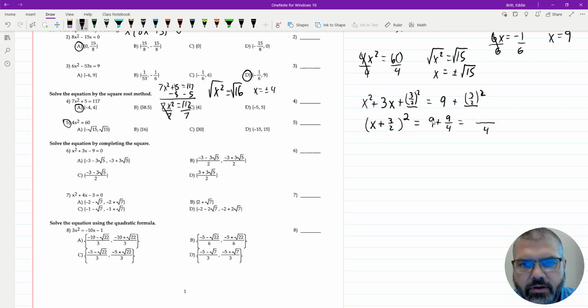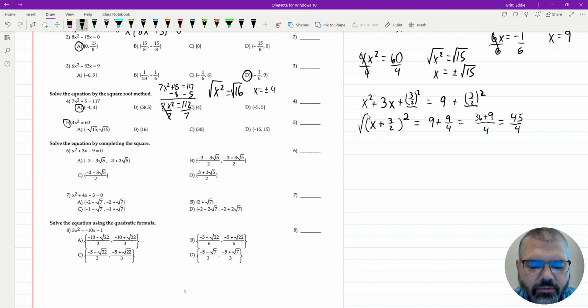So the first number here, 9, doesn't have a denominator, right? So you got to say 4 times 9, and that'll give you a 36. So that's 36 over 4, plus 9 over 4. You put your 9 up there because it already has a denominator of 4. So you add those together, and you get 45 over 4.